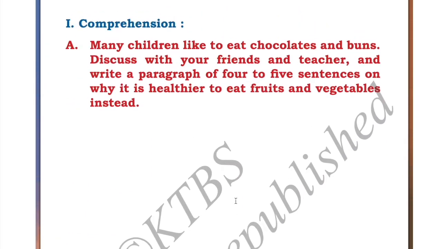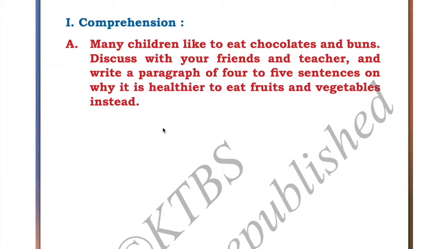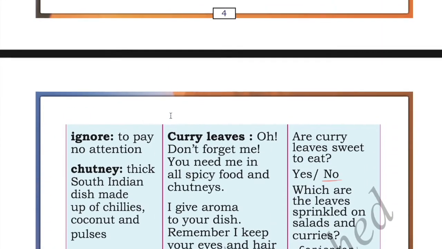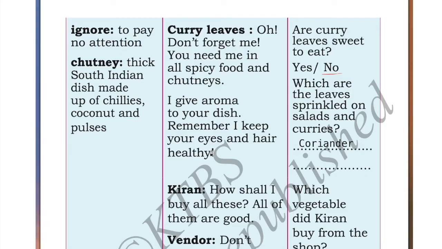Let's move on to comprehension. Many children like to eat chocolates and buns. Discuss with your friends and teacher and write a paragraph of 4 to 5 sentences on why it's healthier to eat fruits and vegetables instead. So to answer this, let's take a look at the different advantages of eating fruits and vegetables.